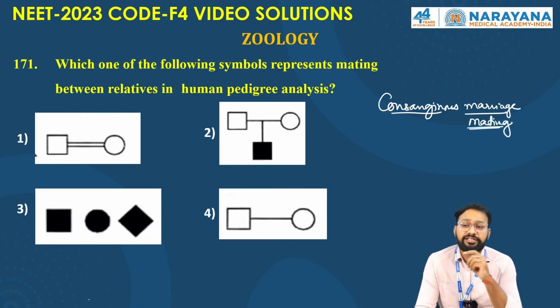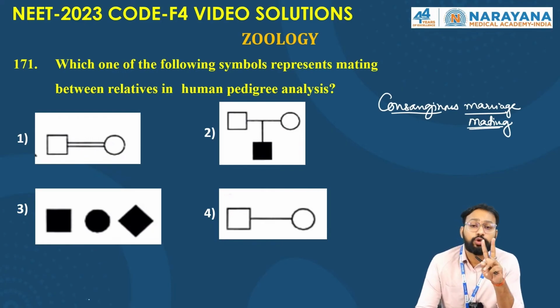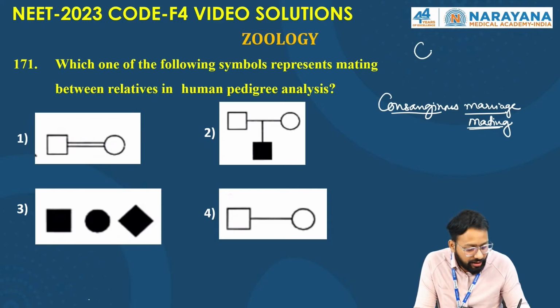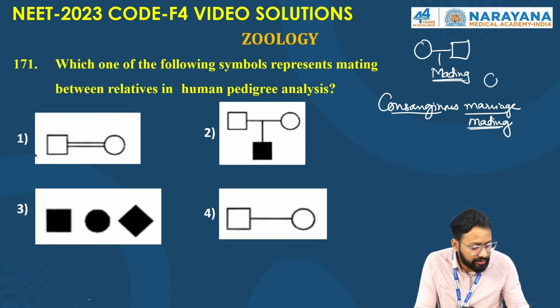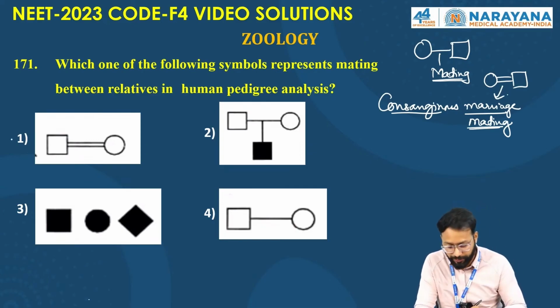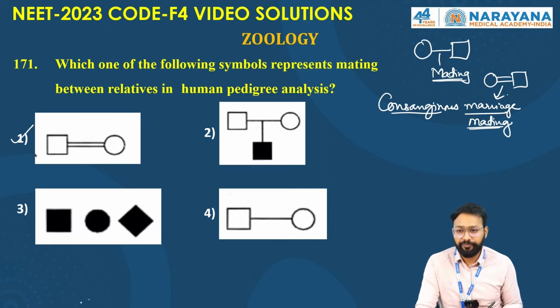Consanguineous mating is represented by 2 lines between a male and a female. A single line represents mating, whereas presence of double line represents consanguineous mating between closely related individuals. So option should be 1.